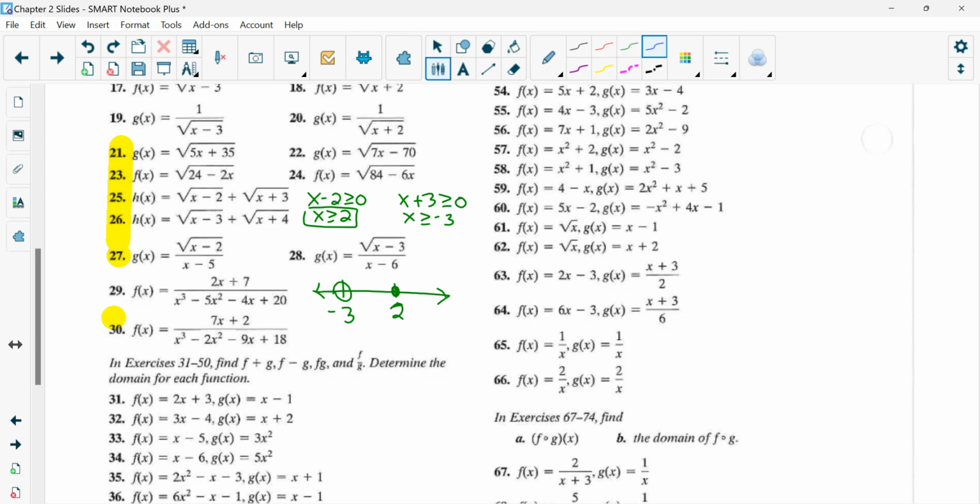So greater than 2 would be going this way, and greater than negative 3 would be going this way. So it has to be the overlap or the intersect. If you remember intersects from when we did set notation, it has to be where they're both happening. So they're both happening when x is greater than or equal to 2. So when we're doing our domain in interval notation, it would be bracket 2 to infinity.